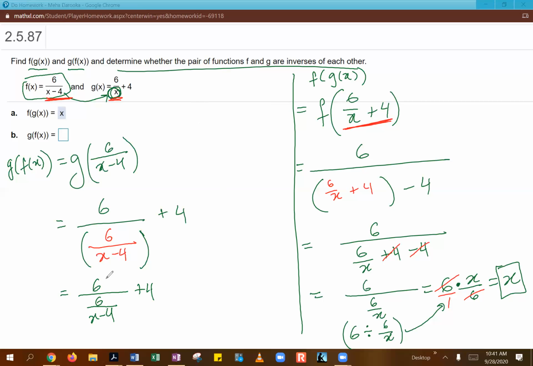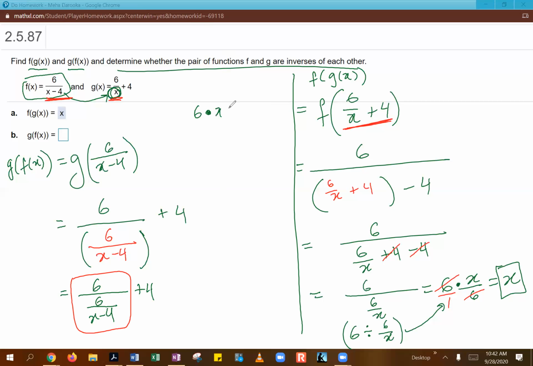So again, if you just look at this first part over here, we have the same thing where you have a number on the top being divided by a fraction. So for that portion, again, we can say, okay, I have 6 on the numerator, and then I can change my division to multiplication by inverting the fraction.